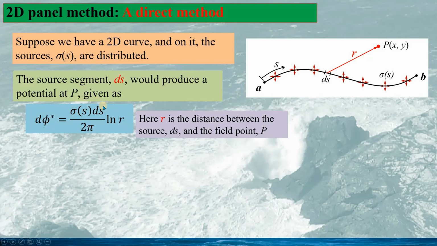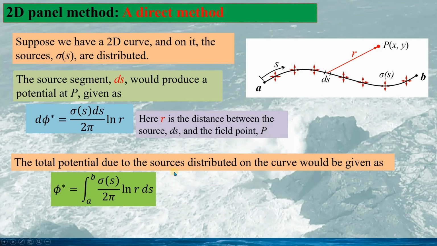Here, sigma s ds is the strength of the source, and this is the formula for the 2D source. R is the distance from ds, the source point, to the field point P. The total potential due to the sources distributed on the curve would be calculated as phi star, given as the integral from A to B, calculated as this.